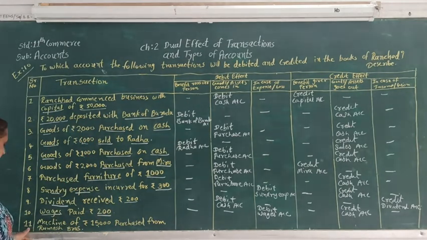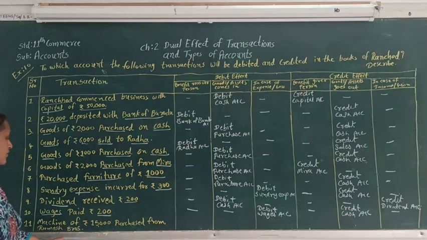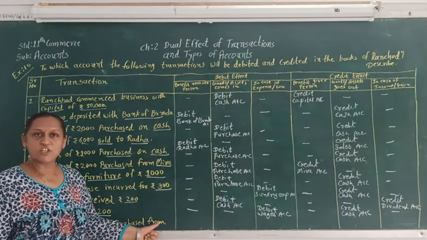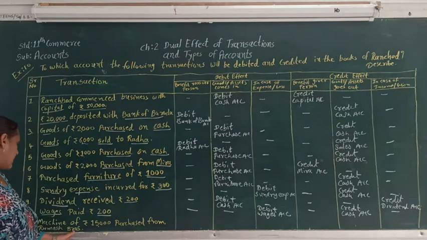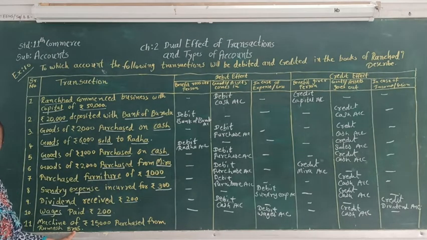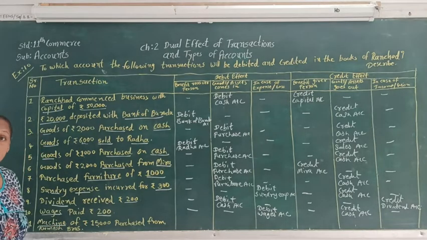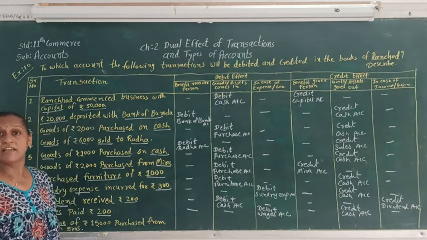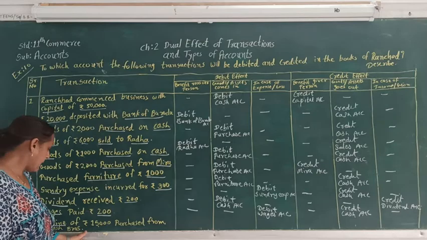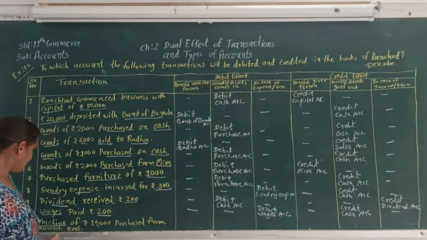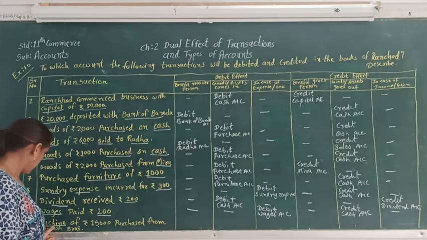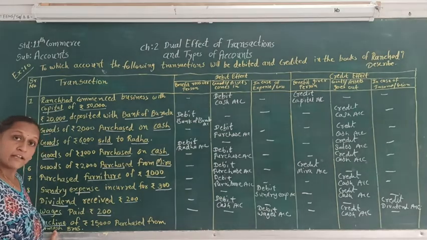Now let's see the last one. Machine of rupees 50,000 purchased from Ramesh brother. So here which two accounts are associated? The very first is the machine, and here for the purchase of the machine we are not paying cash. We have purchased the machine on credit.